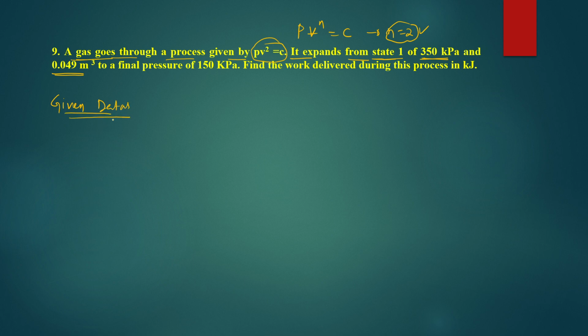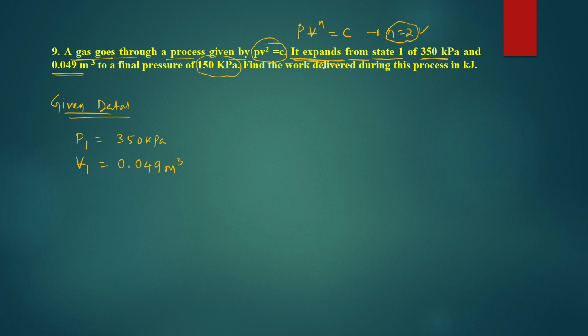About state point 1, it is giving that P1 is 350 kilopascal, right? And V1 is also given, so V1 is 0.049 meter cube. So to a final pressure of 150 kilopascal, that simply means it is expanding, right?